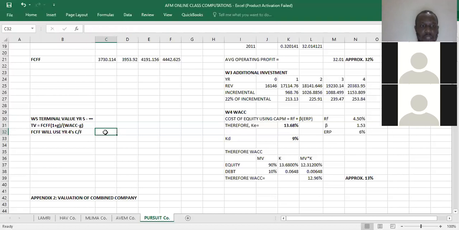So that will be equal to, so what we will have now will be our free cash flow that we are using there. So we'll pick that figure, that's 4442, Abi.